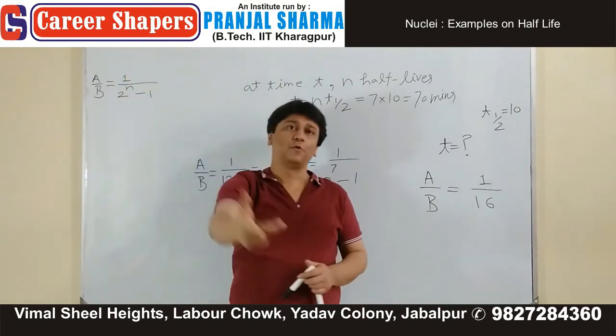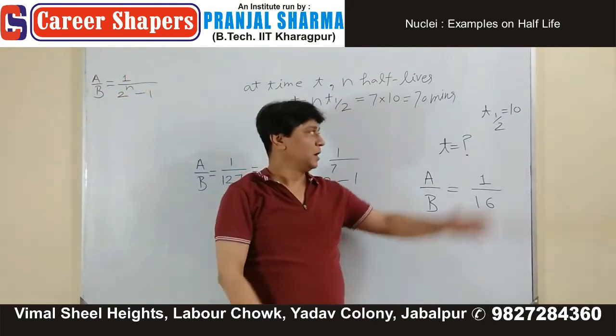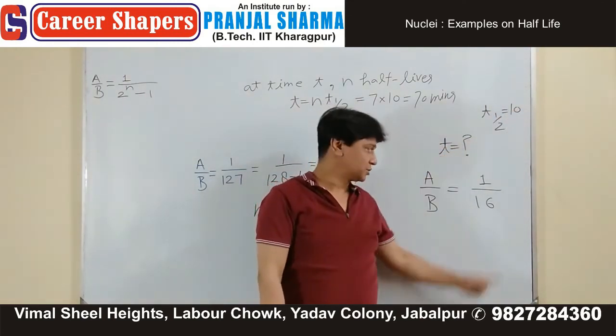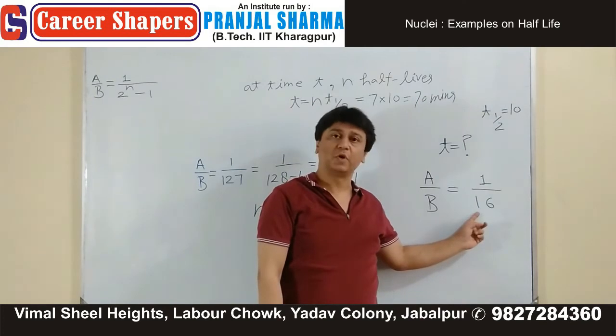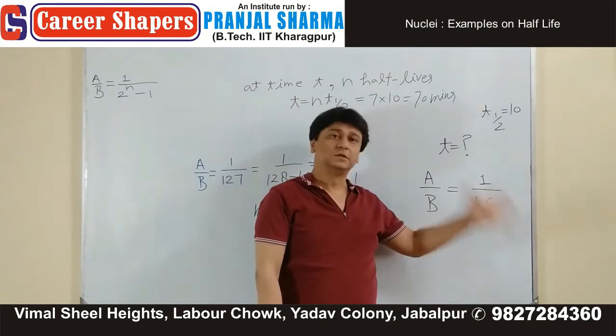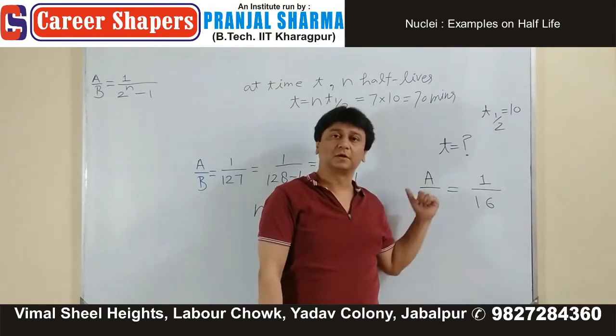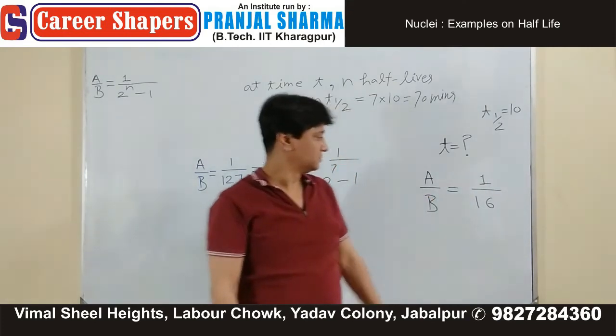So you've got 4 half-lives. Answer would be simply 40 minutes. But look, I'm asking you at what time ratio is 1 is to 16. Let's see how many of you can answer this.